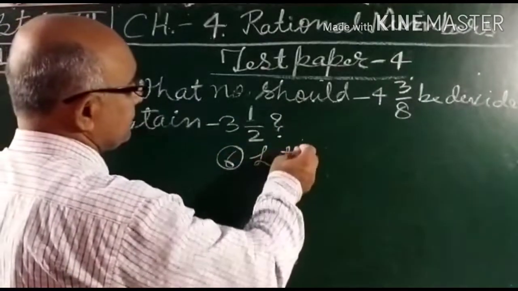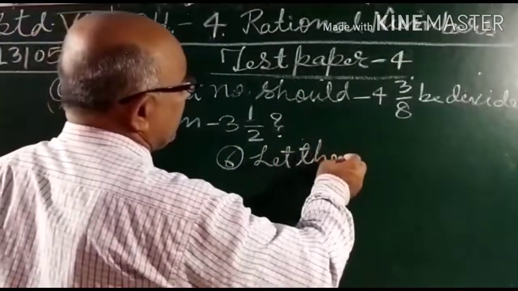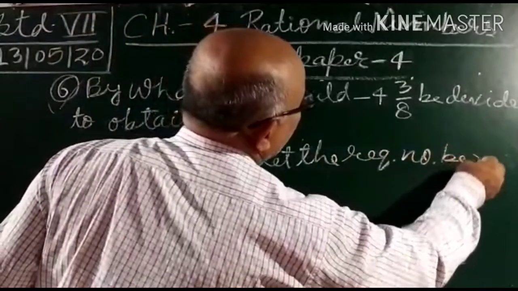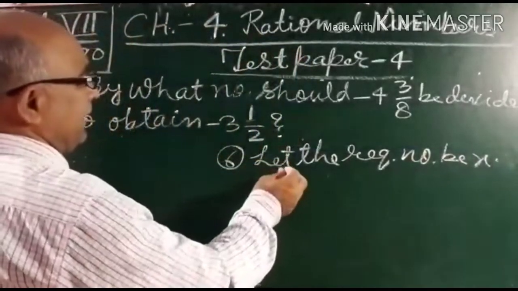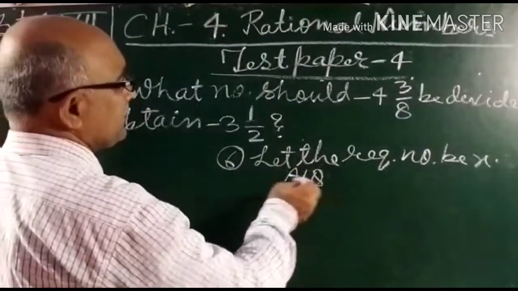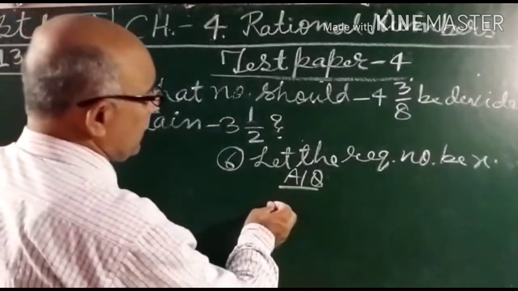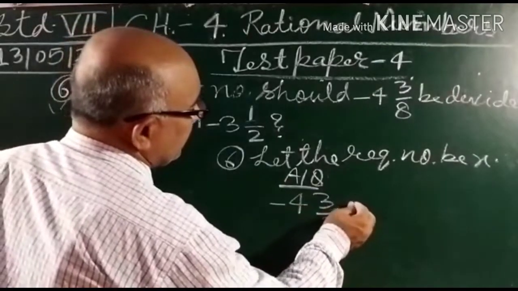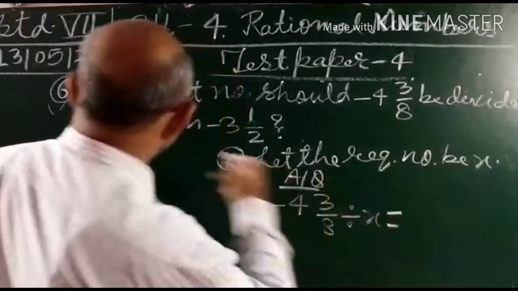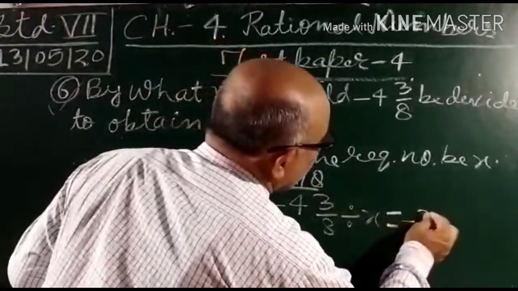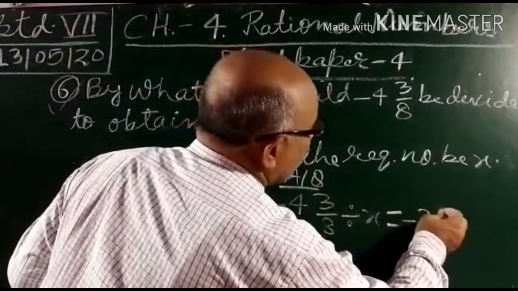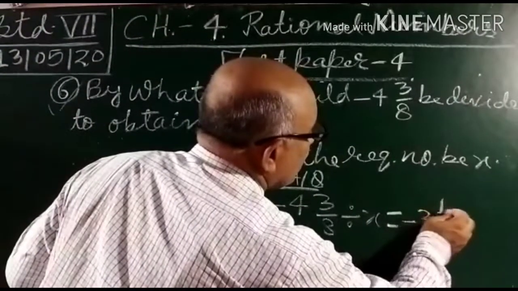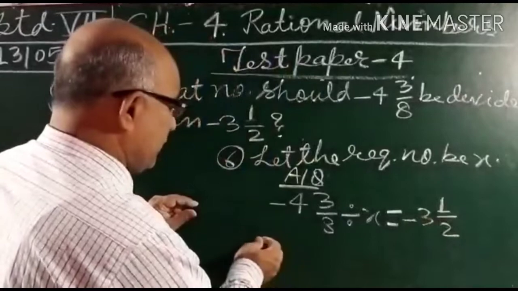Let the required number be x. According to the question, -4 whole 3 by 8 divided by x equals -3 whole 1 by 2.